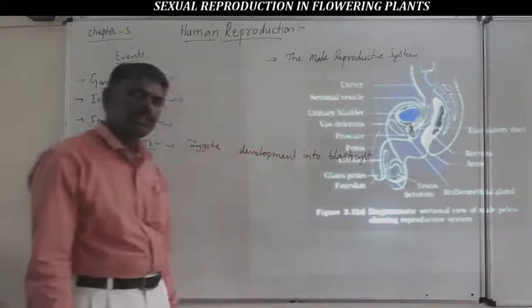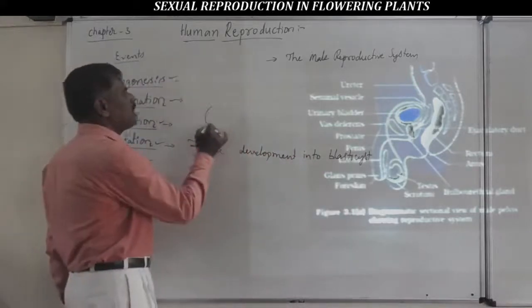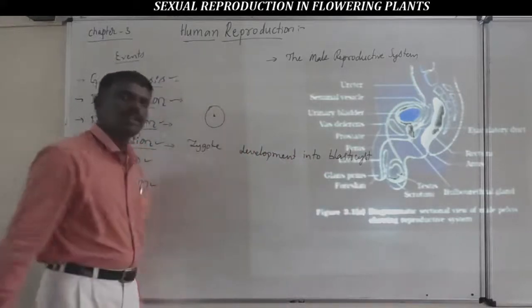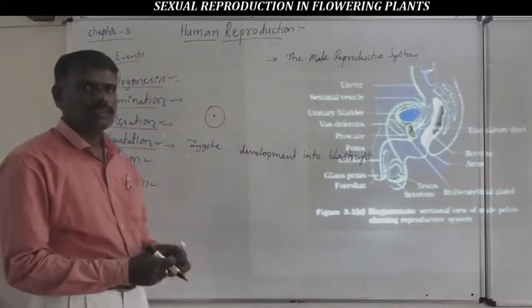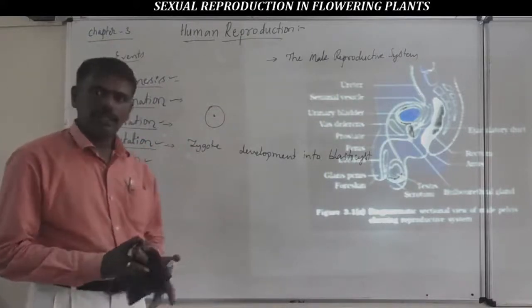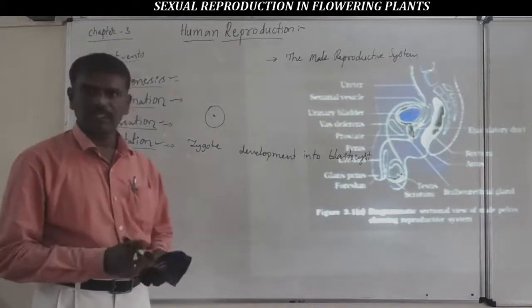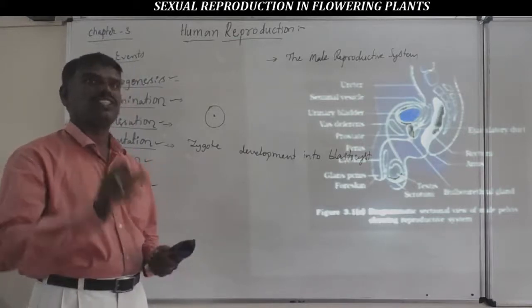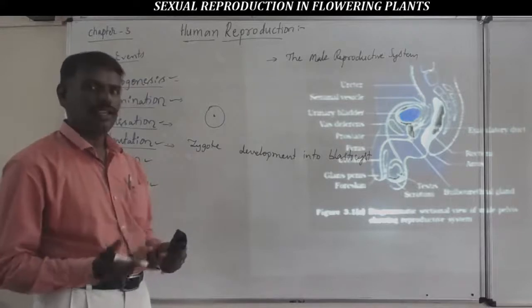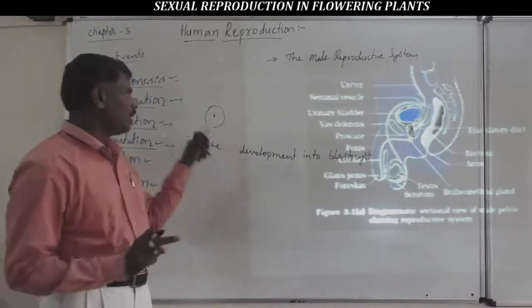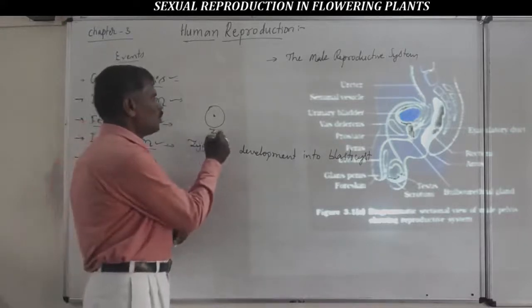The zygote is a single celled, one celled zygote. We know we are multicellular organisms. Millions of cells are there, but the entire body originates from a single cell, the zygote.